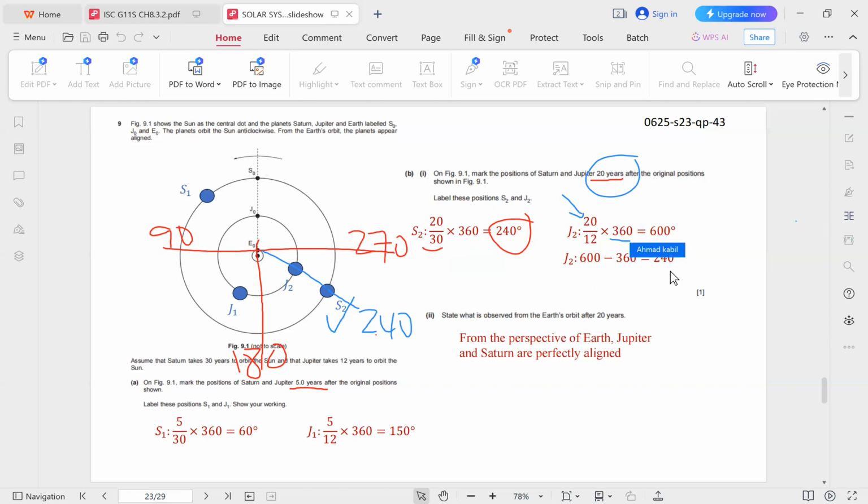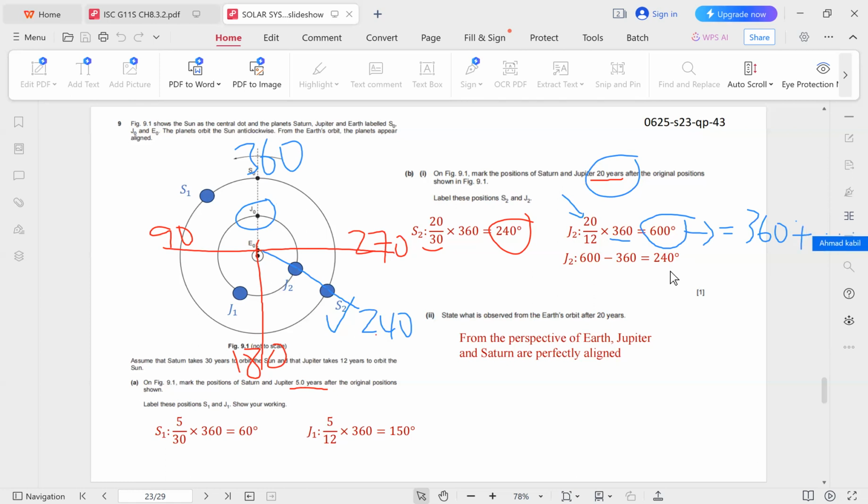We multiply by 360, we get 600 degrees. So how would we graph 600 degrees? One complete rotation is 360. So 600 is basically equal to 360, which is one complete rotation. That would return back to J0, its initial position. So this here would be 360. And it would return back to its original position, and then it would start another cycle. So 360 plus something equals 600.